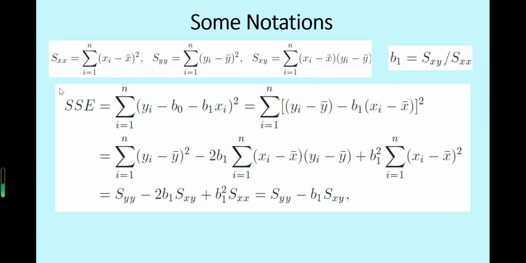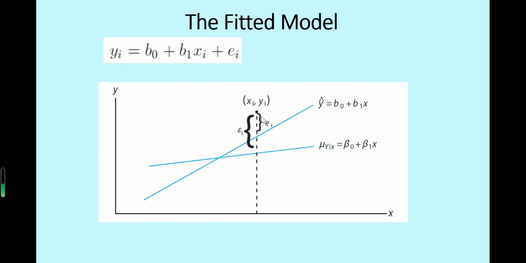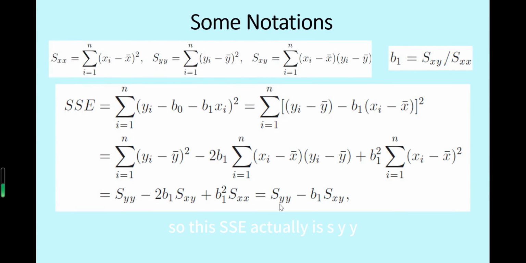Also, one important term in linear regression is called SSE, the sum of squared errors. So if you look back, this is the sum of squared errors. SSE is Syy minus b1, the estimated slope, times Sxy.